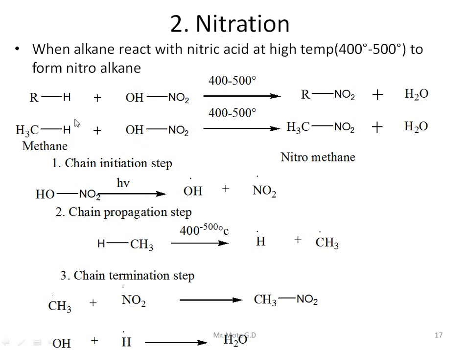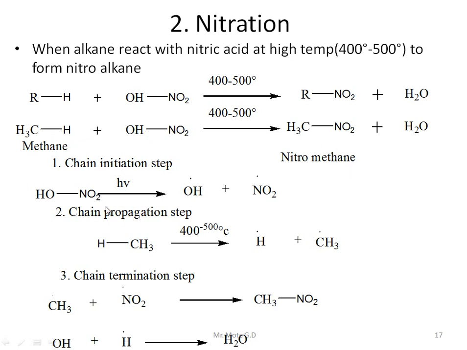Next, the nitration reaction. Alkane is treated with nitric acid at 400 to 500 degrees centigrade. It undergoes nitration, meaning NO2 migrates to the alkyl group and water is liberated, forming nitroalkane. One example: methane treated with nitric acid forms nitromethane, and water is the byproduct.